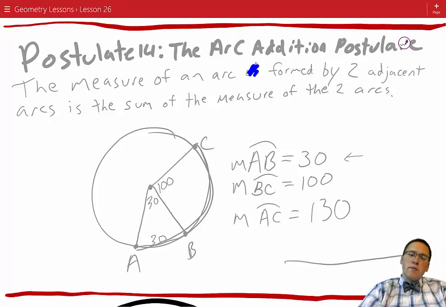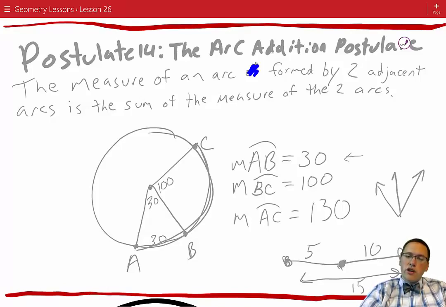So this is the same concept as the segment addition postulate, where if a segment is split up and this segment is 5 and this segment is 10, well then together they must be 15. This is very similar to the arc addition postulate, which says if you have two adjacent angles, this is similar to the angle addition postulate. If you have two neighboring angles, then these two angles added together should equal the full thing.